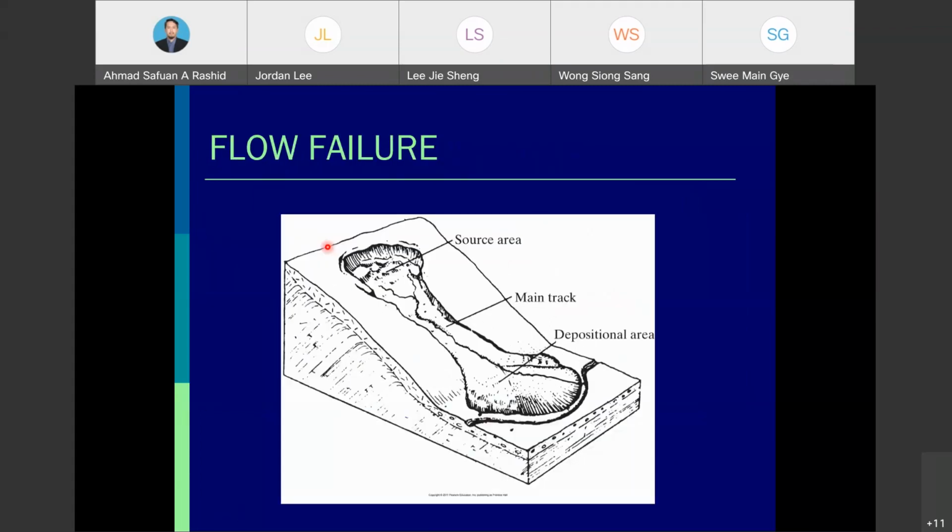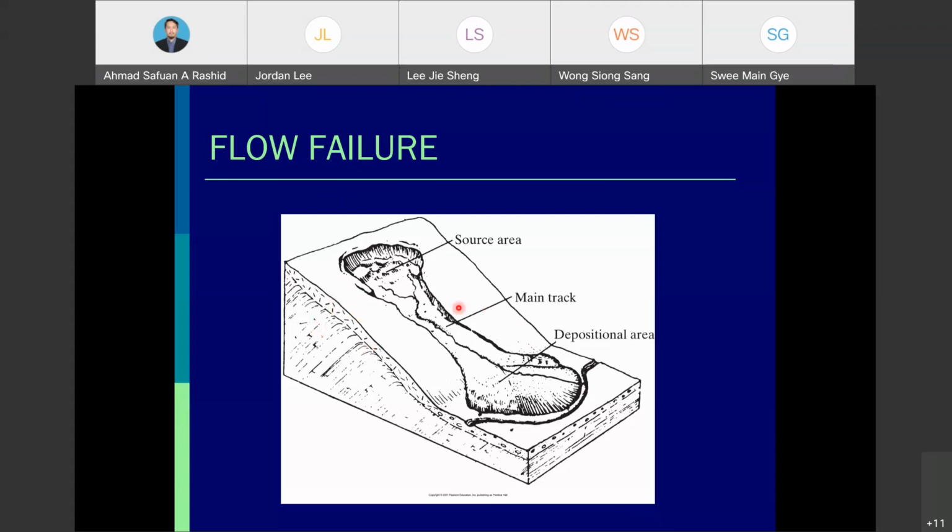So this is an example of the flow failure or debris flow. For example, in Yan, there is an area which is covered by the shale formation. It is exposed to water, then it becomes weaker, and suddenly it starts to move.